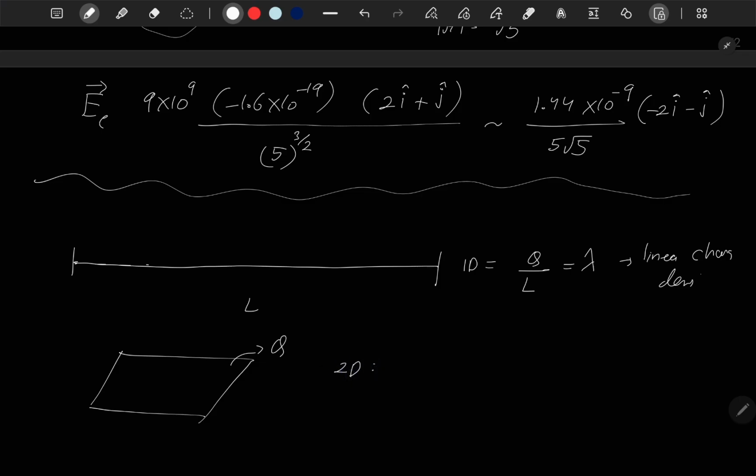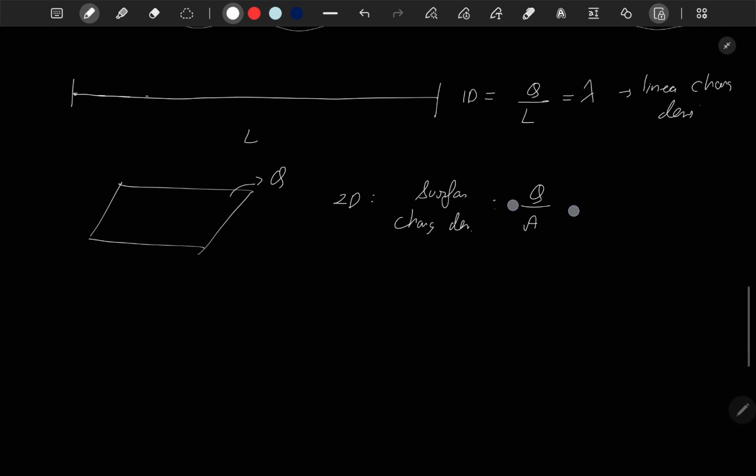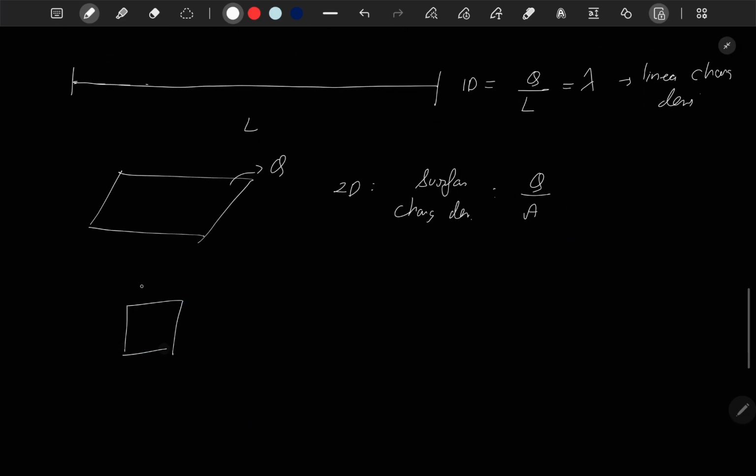Then in 2 dimensions, we have surface charge density, and this will be total charge divided by total area. And similarly, we have some 3-dimensional volume and plus Q charge spread uniformly in this volume. Then in 3 dimensions also we have volume charge density, again total charge divided by the total volume it occupies.